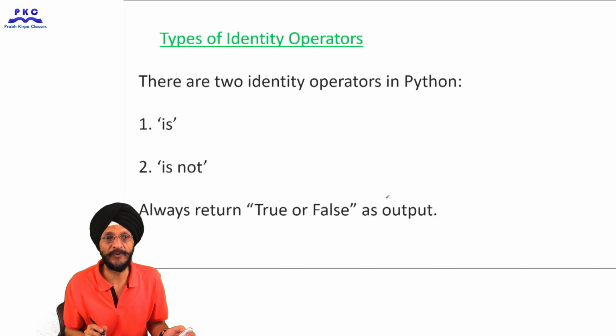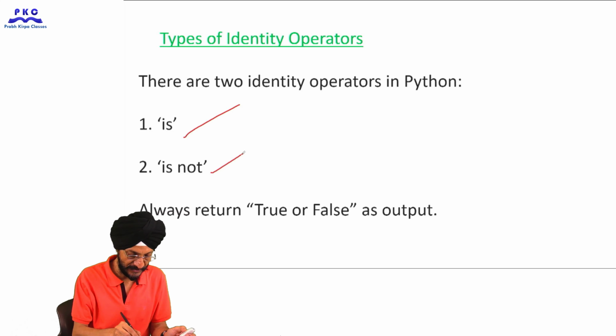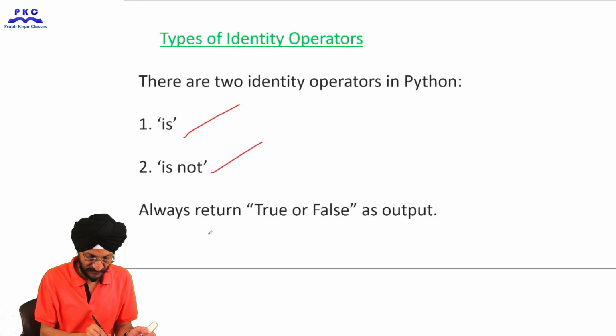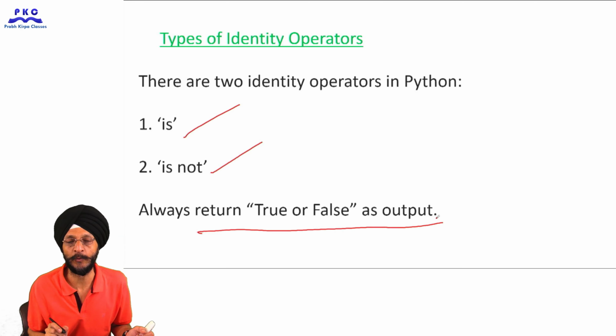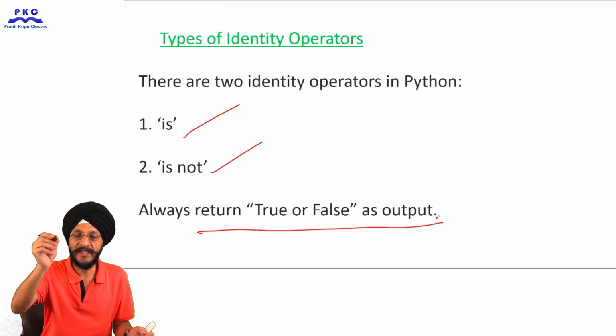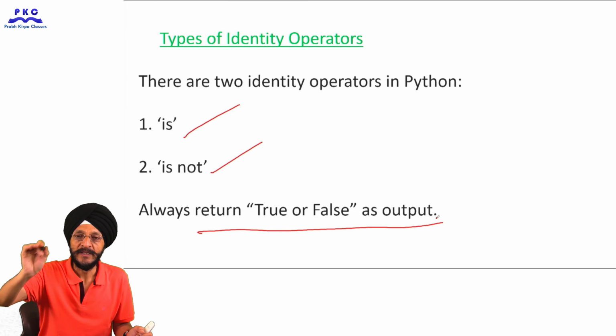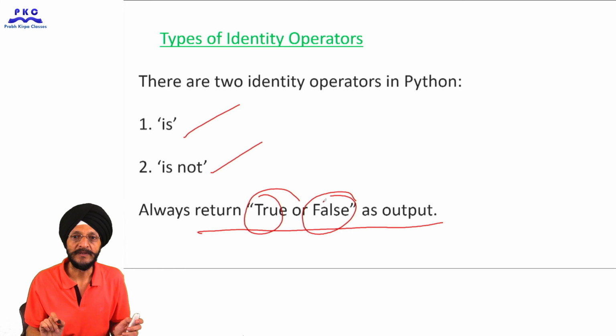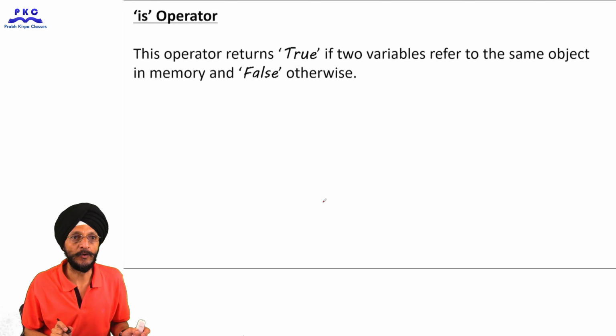The two types of identity operators in Python are is and is not. Both these operators always return true or false as output. When we find that A is B or A is not B, the output will always be true or false, one of the two. Now we discuss the is operator.